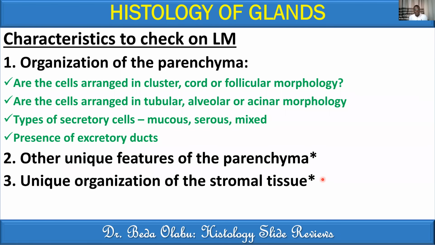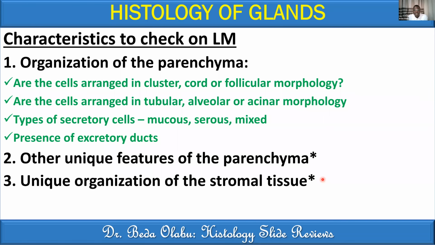Then you also need to highlight the unique organization of the stromal tissue. I've already taken you through organization of the stromal tissue. So I'm telling you the things you check on light microscopy to help you identify a gland. You look at the organization of the stromal tissue. Does it have a capsule? If it has, is it a thick one or a thin one?